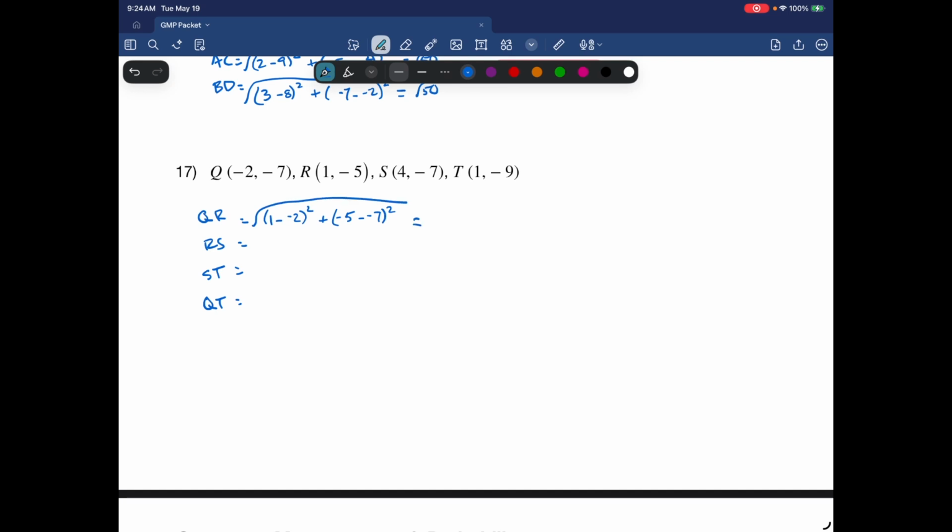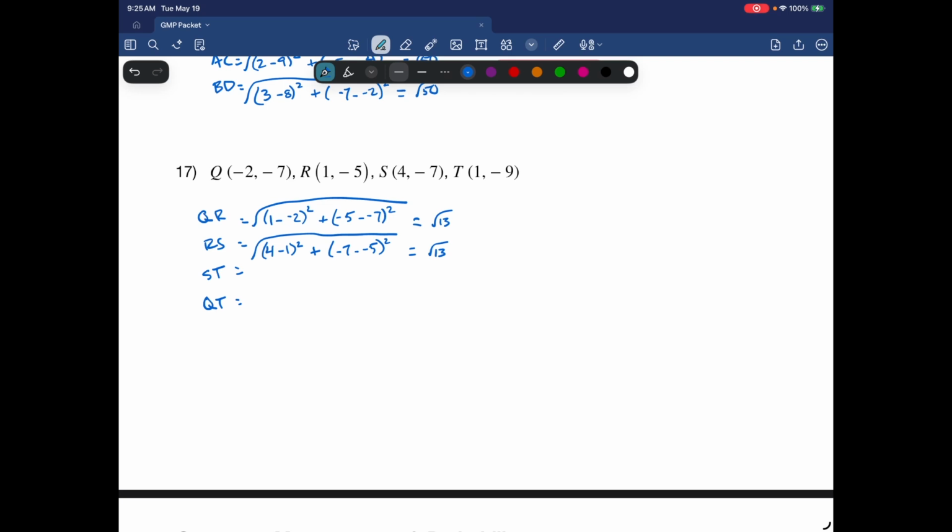The calculator says that's going to be square root of 13. RS, that's going to be 4 minus 1 squared plus -7 minus -5 squared. Calculator says that's also square root of 13.